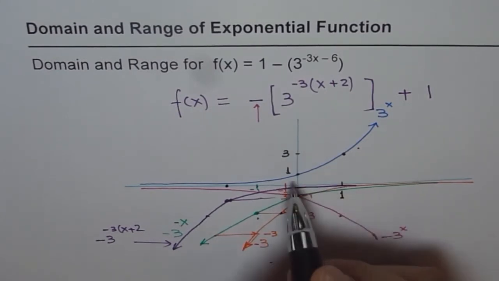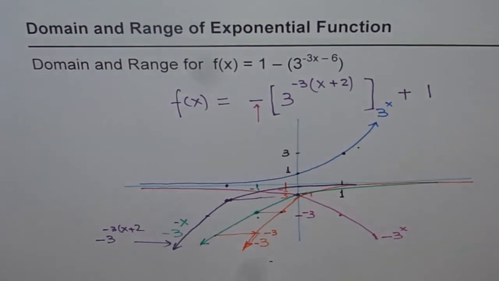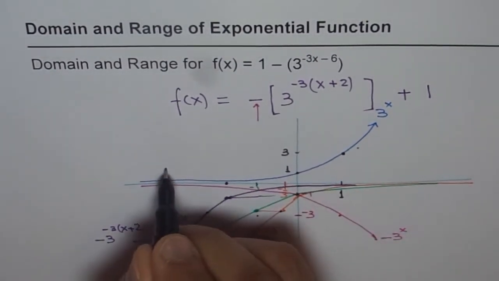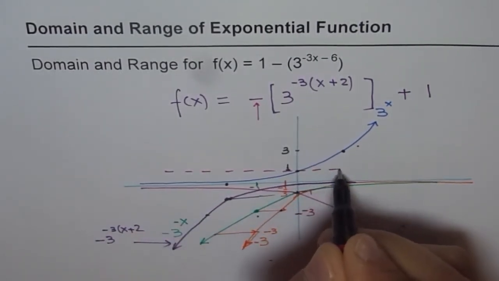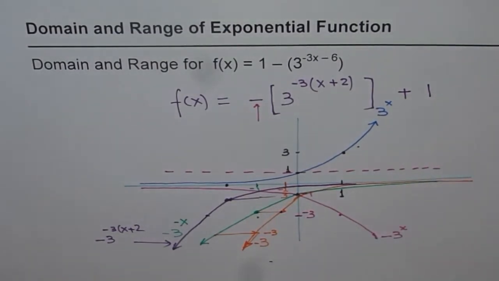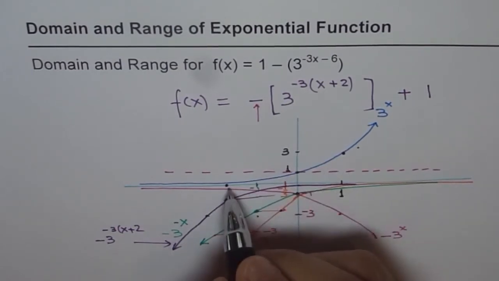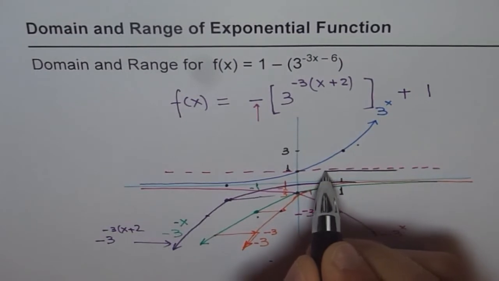So we get a function, but we get a horizontal asymptote at 1. So let me first draw the horizontal asymptote at 1. That is my horizontal asymptote at 1. And let me finish this graph with, okay, so we are very close to this line, so our graph will be kind of like this.